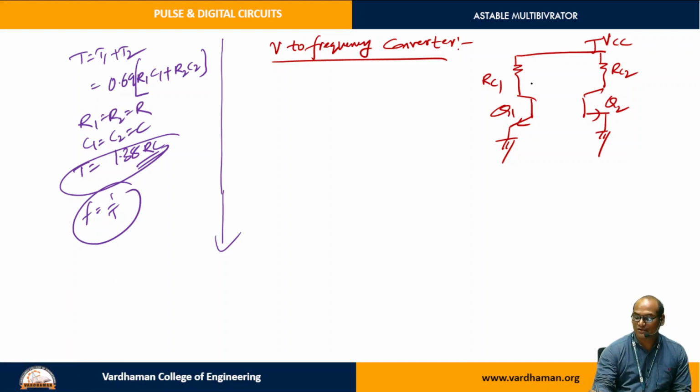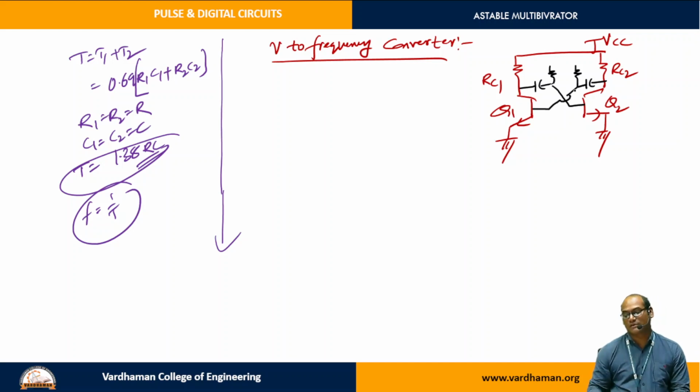After that, whatever the remaining connections are, I am taking those also. Listen carefully now. This connection should be connected to the base of Q2 and this resistor RC should be connected to the base of Q1. So in this manner we have given.